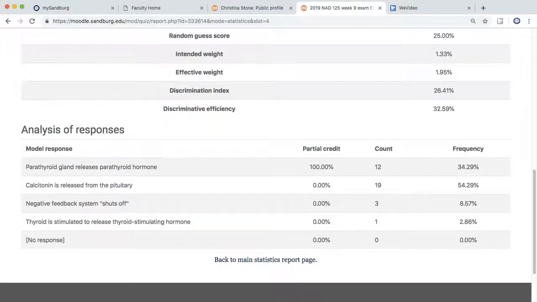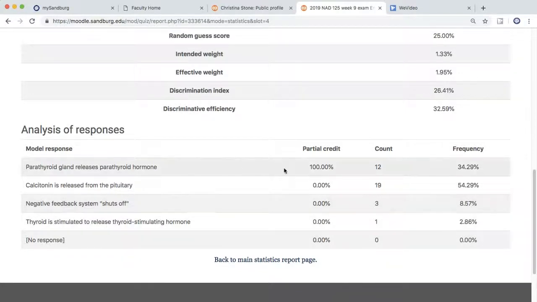The correct answer is number 1 about the parathyroid gland. 12 students got that right. 19 of my students felt that it was the calcitonin is released from the pituitary. 3 students felt that it was the negative feedback, and 1 student thought about the thyroid stimulating hormone.